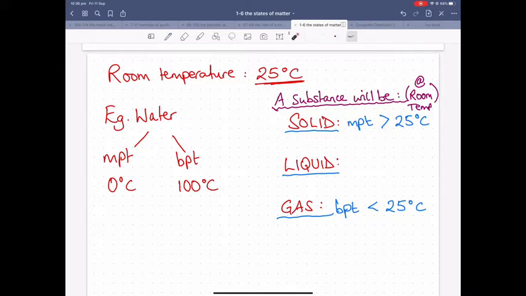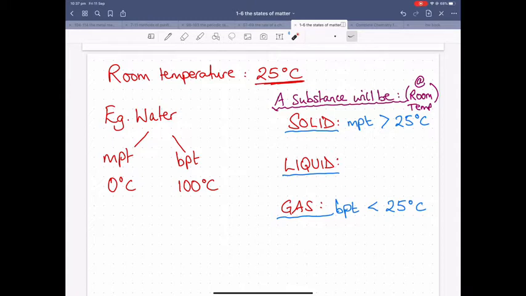Does water have a boiling point less than 25 degrees C? No, 100 degrees C is more than 25 degrees C. So that's why it's not a gas at room temperature. So what does that leave for a liquid?